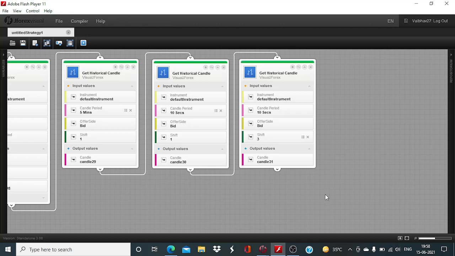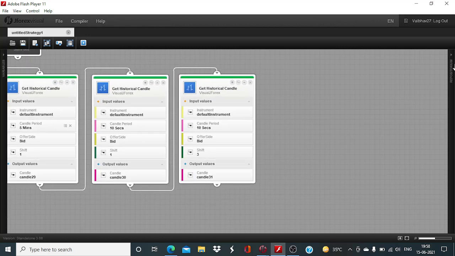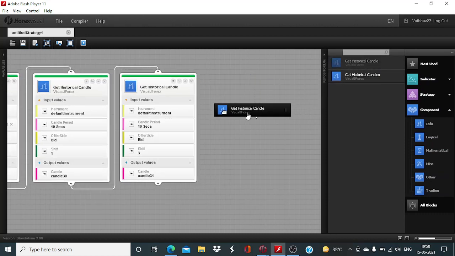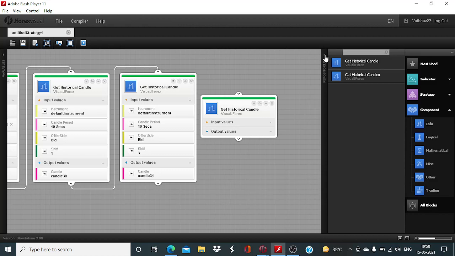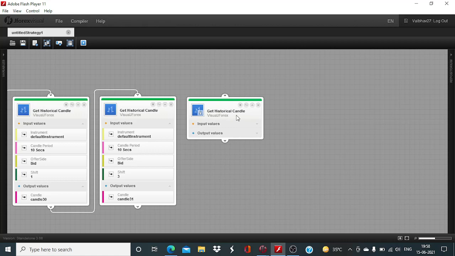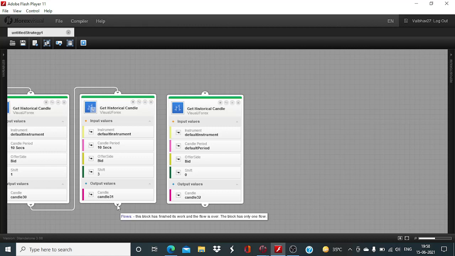So whenever the system will be placing the order, while determining what kind of stop loss and target price might be appropriate, it will look at the last hour's price action, and accordingly it will place the order. So for that, I'm going to take 1 more get historical candle block, and we can take the difference of its closing or opening price, or if you wish, even the difference of its high and low, and accordingly the stop loss and target price can be defined.